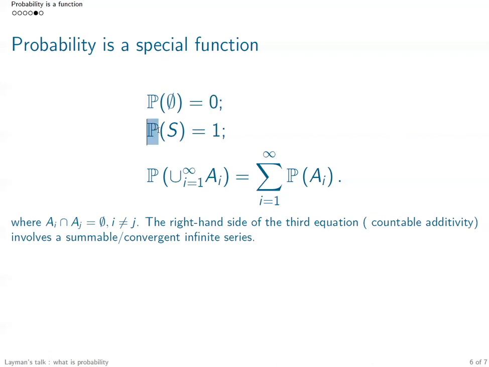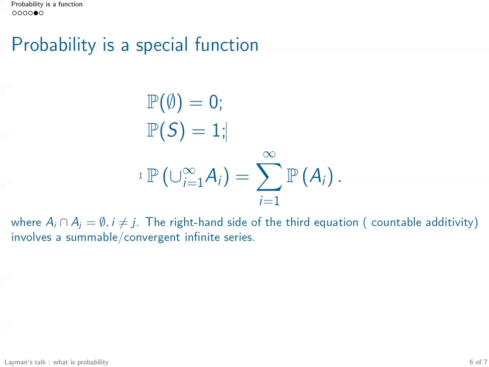We also require any probability function to assign the whole sample space the value 1. Since all the outcomes are in the sample space, the event that the outcome is in the sample space happens 100% surely, right? So it's also very natural to assign the probability of S, the sample space, to be 1.